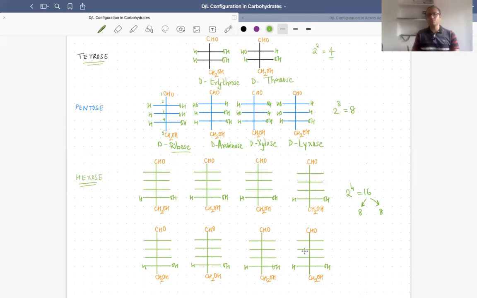So all of these would be D. I'll just write D, meaning all these hexose sugars that I'm going to draw have D. One possible way of writing the other 3 chiral centers is the same way as the highest numbered chiral center.